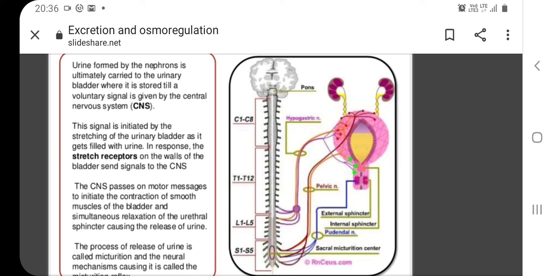The central nervous system then passes on the motor message to initiate the contraction of smooth muscle of the bladder and simultaneous relaxation of the urethral sphincter, causing the release of urine.